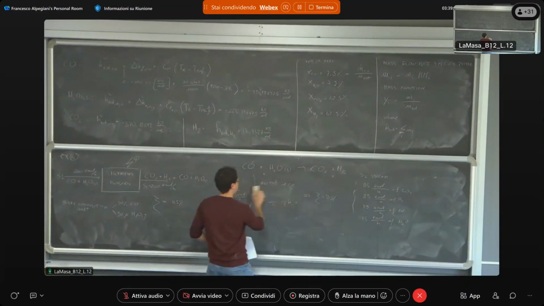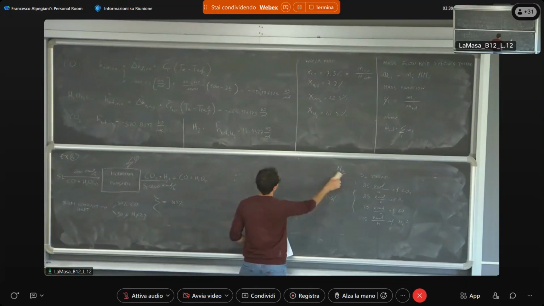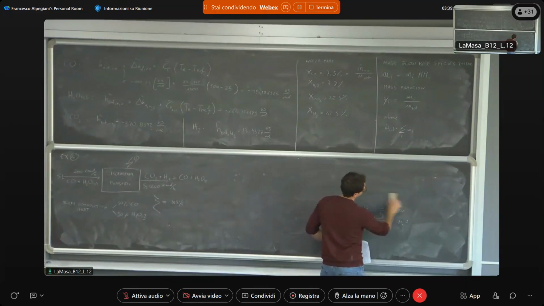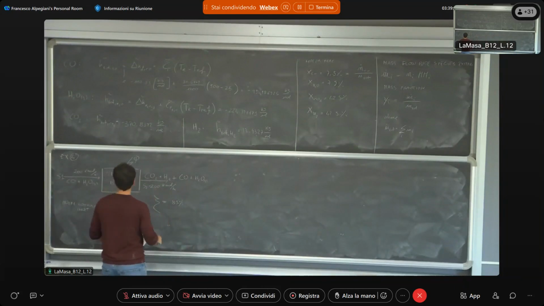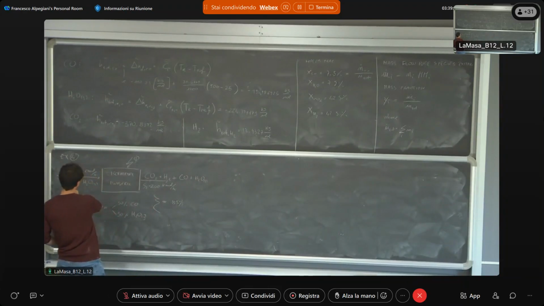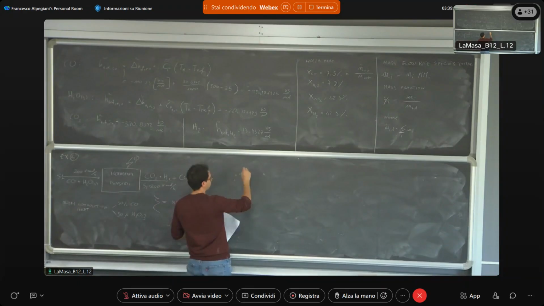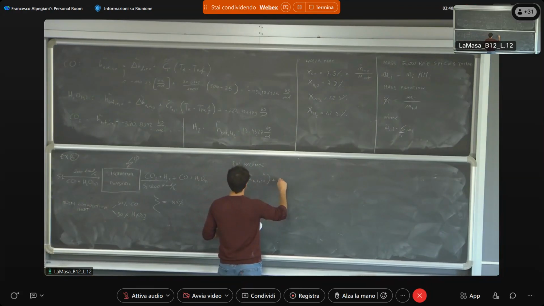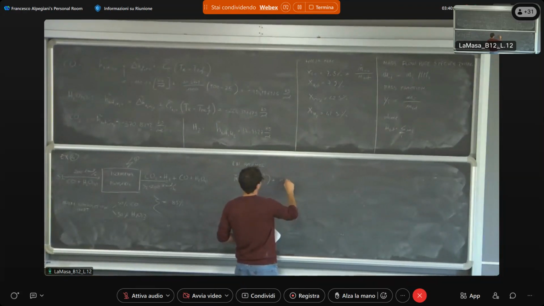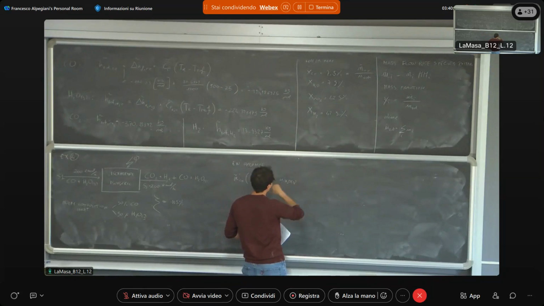In the energy balance we have to consider also the fact that the CO is not all reacted. So on molar basis the energy balance is n of CO times the total enthalpy on molar basis of the CO plus n of H2O times the total enthalpy of the water.